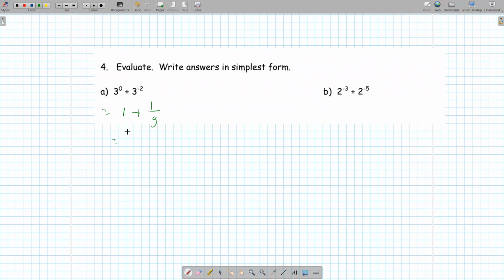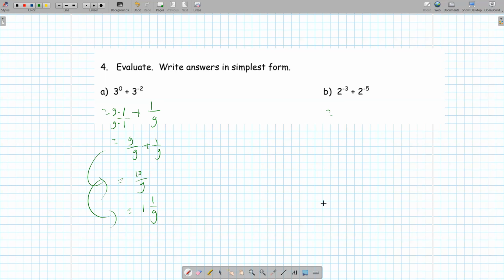And now we can just take the LCM, the lowest common denominator. So this one doesn't have anything, so it has a 1, right? So we need to multiply this by a 9 and this by a 9. So you get 9/9 plus 1/9, which is 10/9. If you want to write it as a mixed fraction, it's going to be 1 and 1/9. Okay, this is from your grade 8 stuff that we did a while back. Pretty simple.